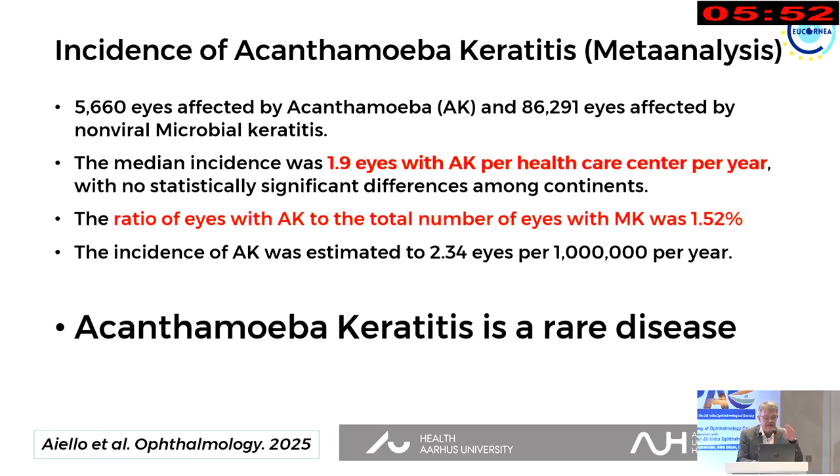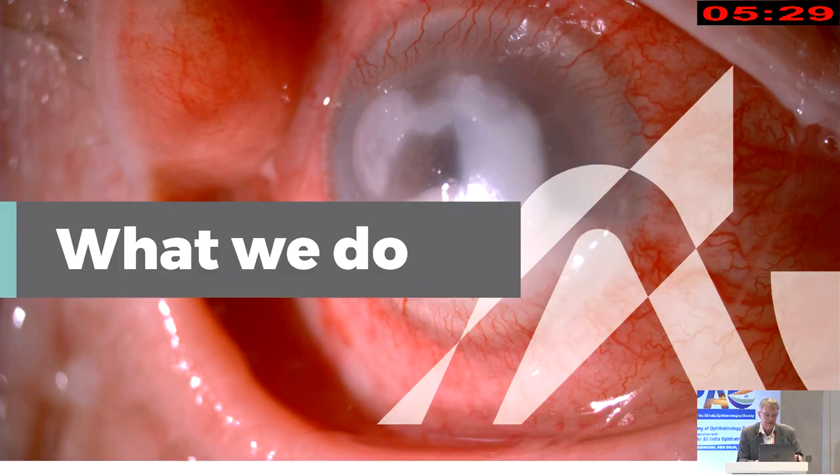They couldn't see a difference between continents, and the ratio of eyes with acanthamoeba to the total number of eyes with microbial keratitis was 1 to 2%. So it is a rare disease, but we see it. And I know Frank Larkin will tell more later today about this.